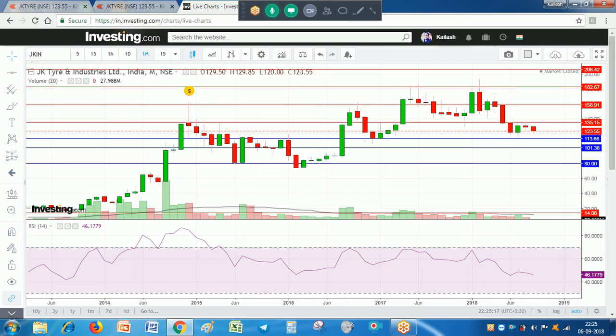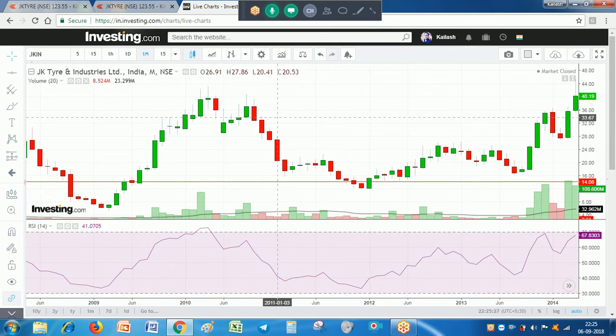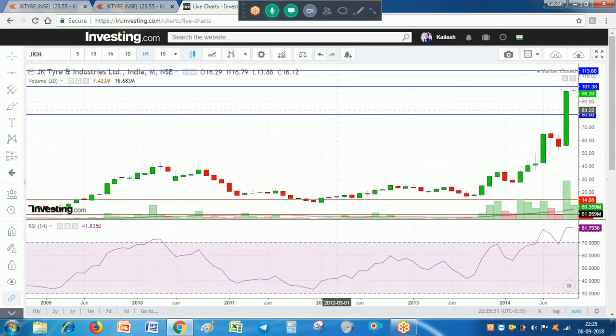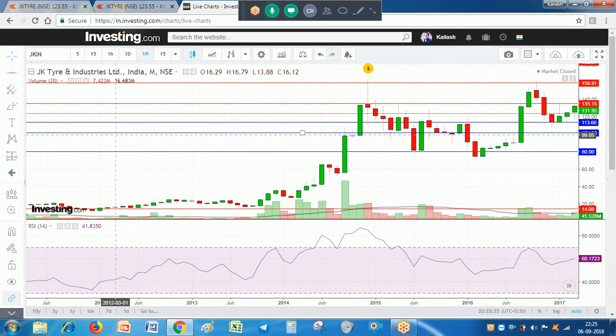Once again, from 163, let me go back also. From 163, where was that level? Yes, from 163 it has shown some fall also. It has fallen down to the 73 to 80 range.